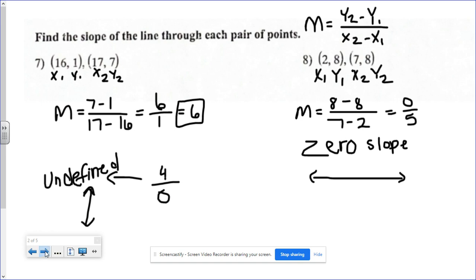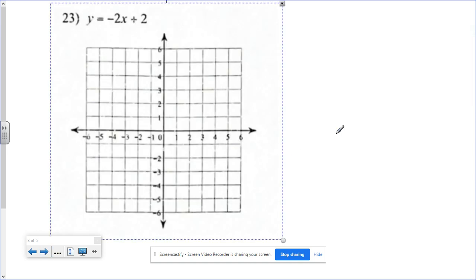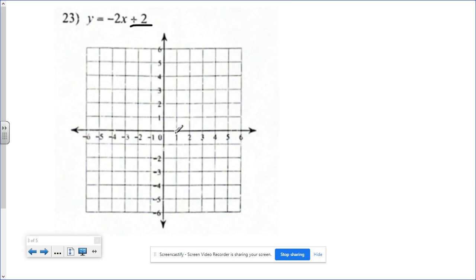All right. The next type of problem is just graphing. So we've worked on this for a while. You always start by graphing this last number. It's at positive 2. So I'm going to make a point up here at positive 2. My slope is negative 2. I need to make that a fraction. I put 1 underneath it. So if the top number is negative, that means I'm going down 2. If the bottom number is positive, that means to go to the right, however many.